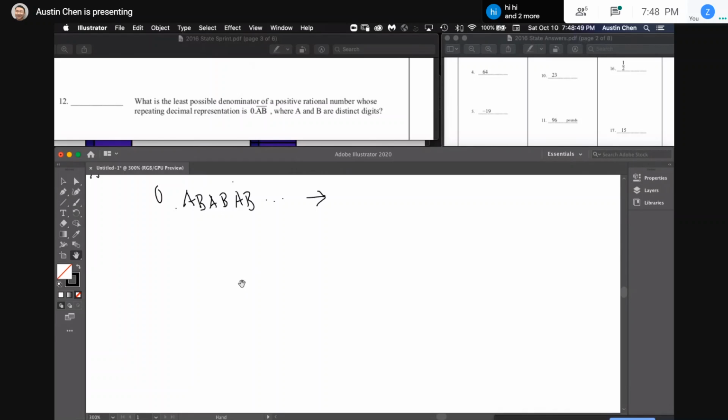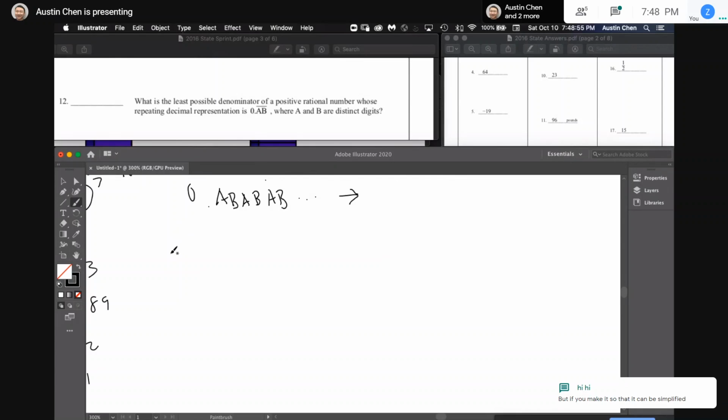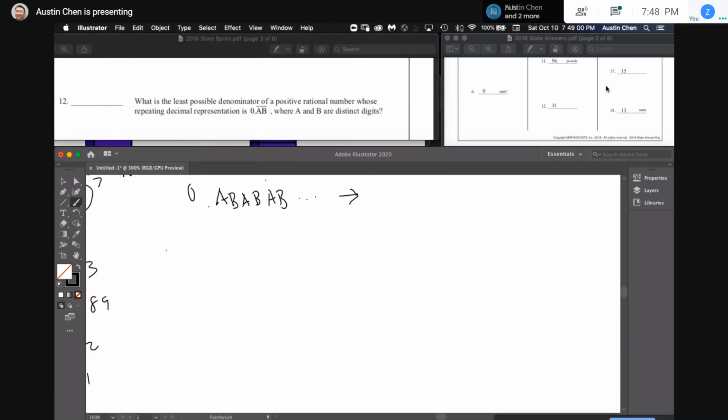Maybe we can start off by thinking, okay, a and b are distinct digits. Never mind. I was going to say maybe we could start off by thinking that 1/3 would work here, but a and b have to be distinct.